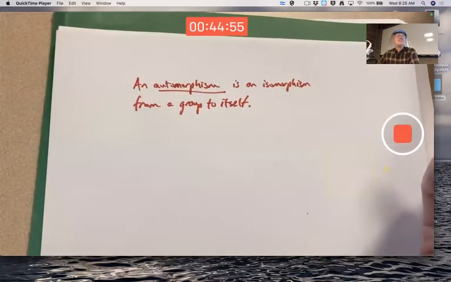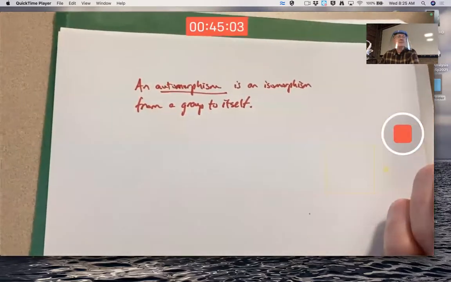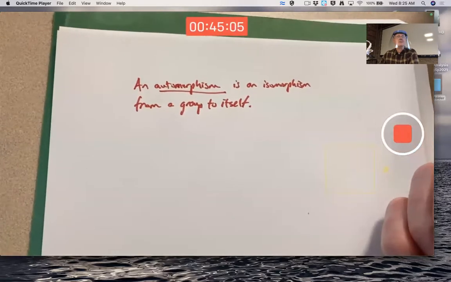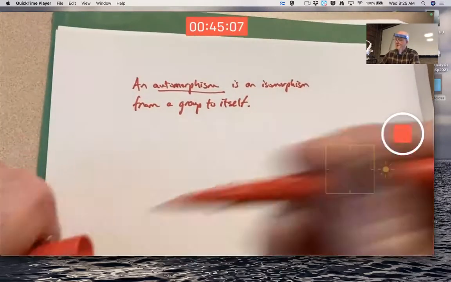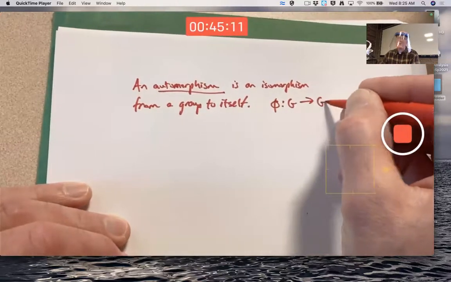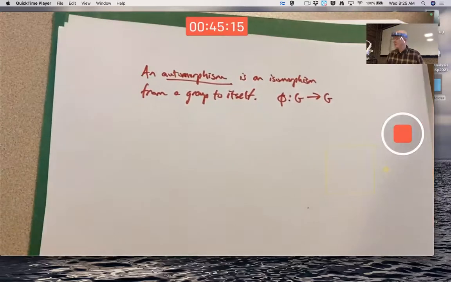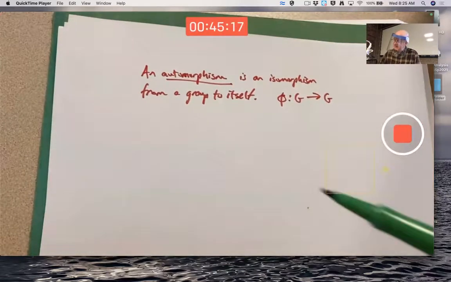That's all it is. Any isomorphism from a group to itself is also called an automorphism. Of course, you can also call it an isomorphism because it is an isomorphism. So one-to-one and onto mapping from a group to itself that is also operation preserving. Think of an example of an automorphism? Sure.